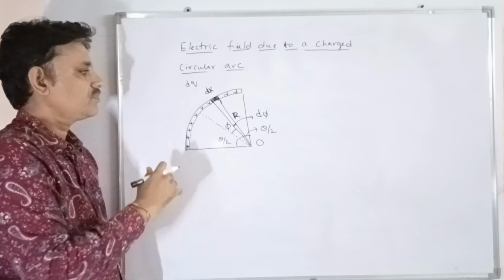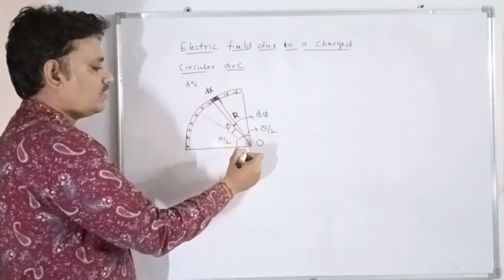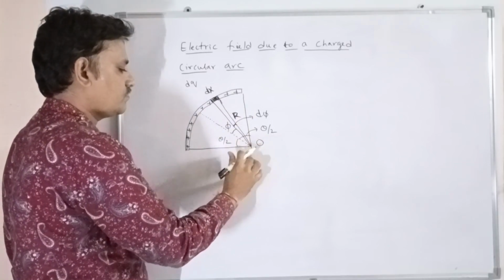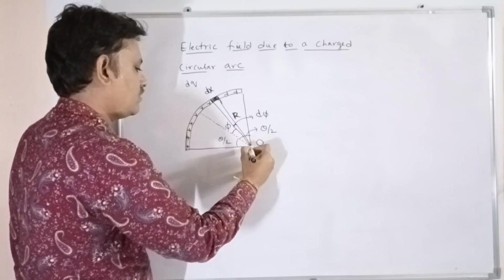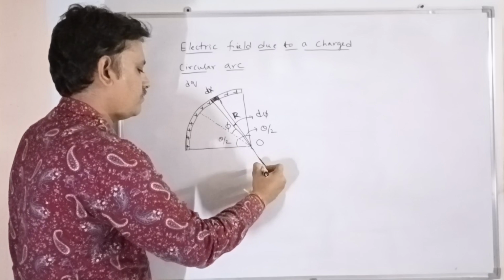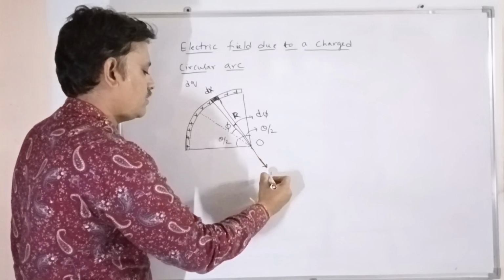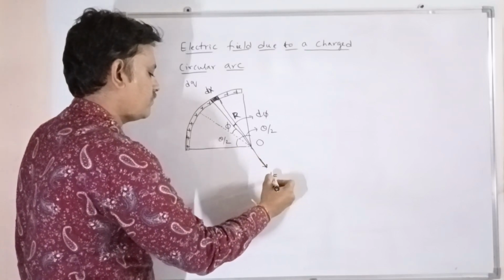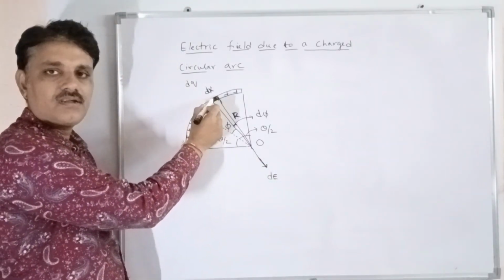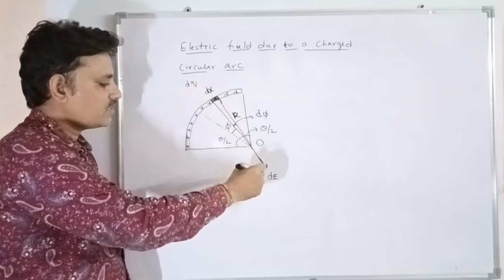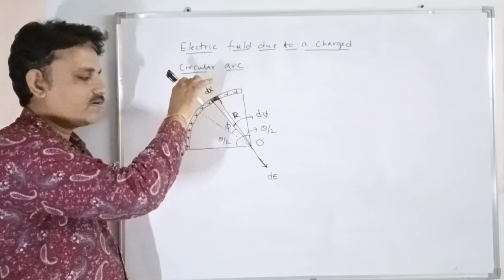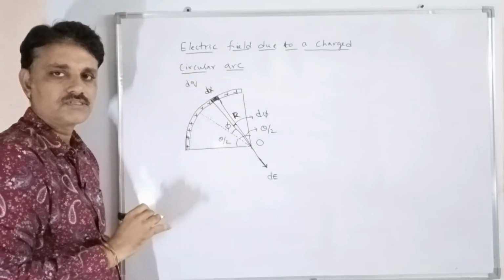And next, this is the direction of electric field with respect to the element. See, this is the small element. Because this is a positive charge, the electric field direction is away from the positive charge.